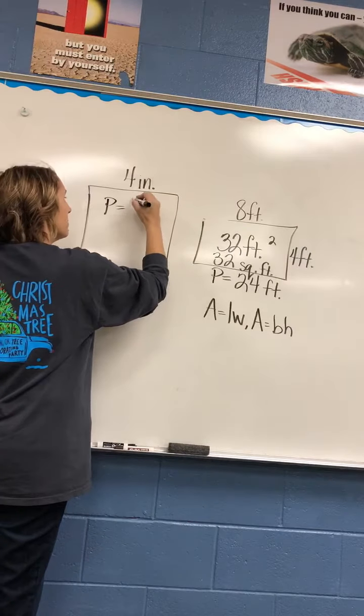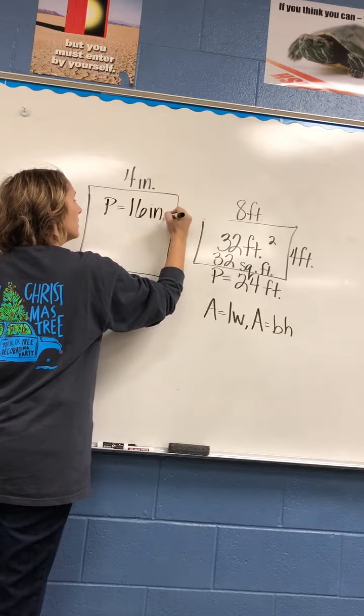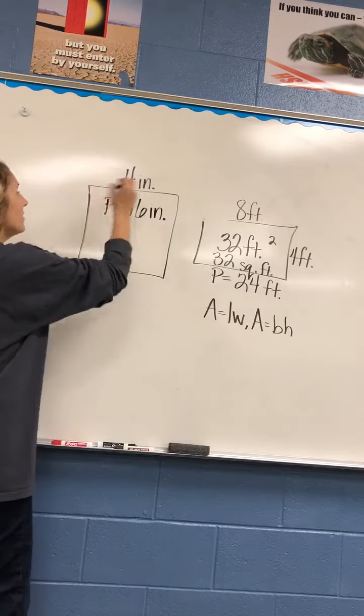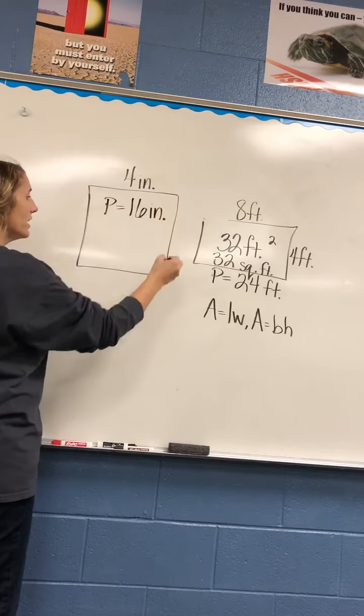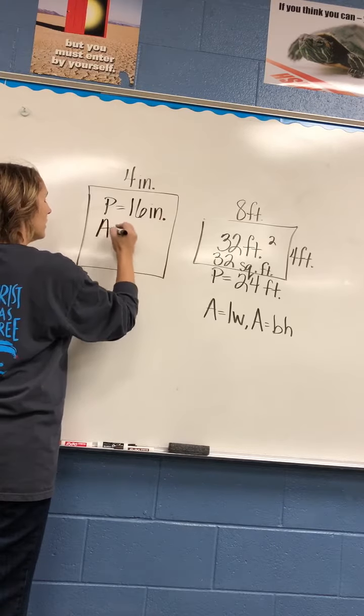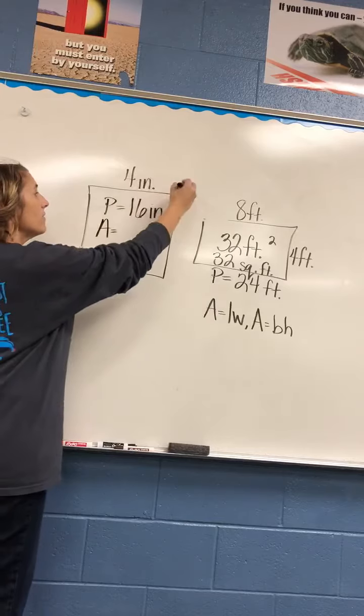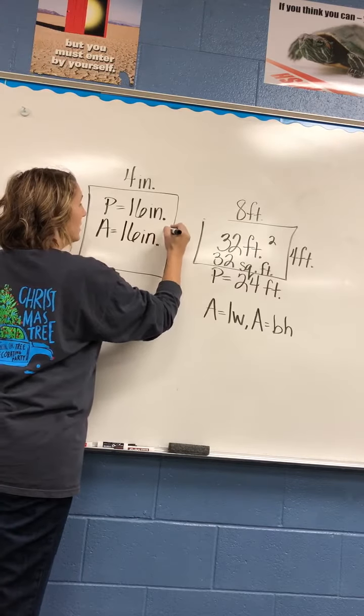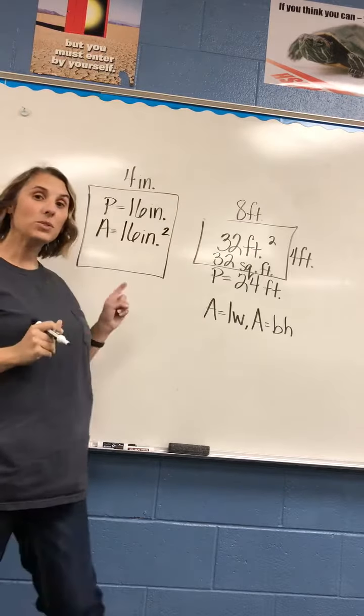That would make 16 inches. Now, if I need to find the area, even though I only know one side, I know this side times this side. For area, I multiply, 4 times 4, also 16 inches, but this time it's squared.